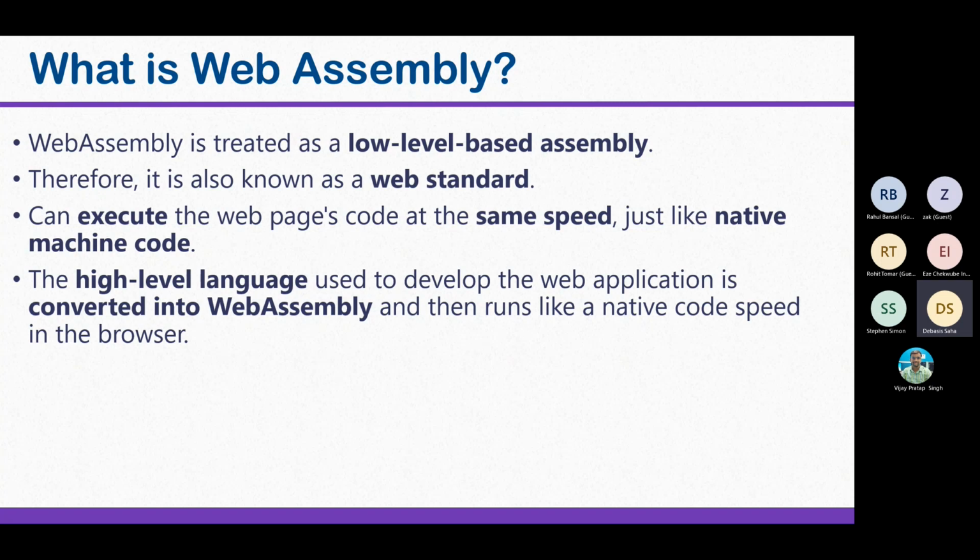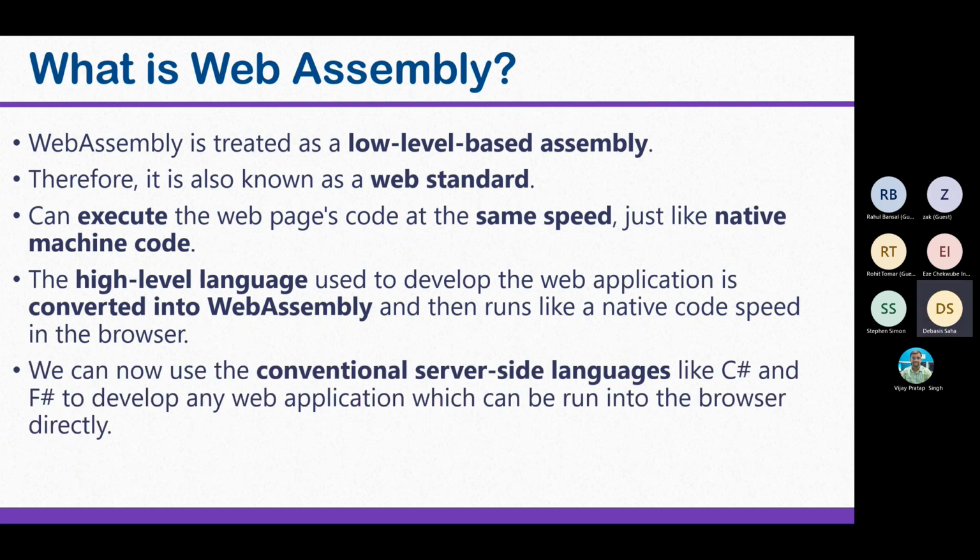So there is no chance of conversion from a high-level language to a low-level language. That's why the performance of that application is much faster compared to other languages. Also, in the case of WebAssembly, we can use conventional server-side languages like C# or F# to develop web applications, which can run in the browser directly with the help of WebAssembly.